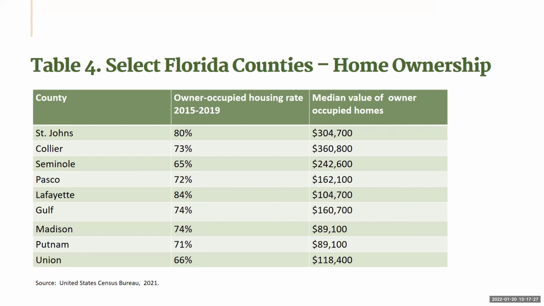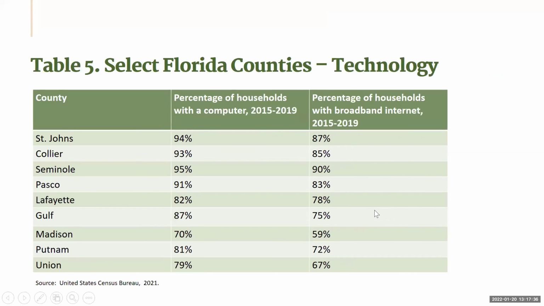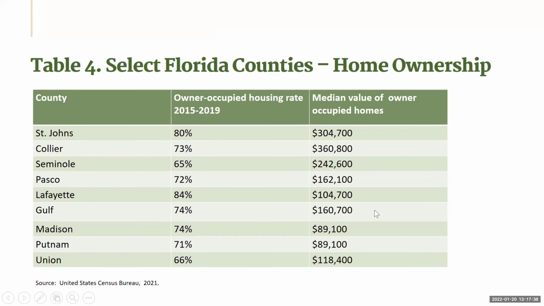In the middle ranking counties, that ranges from $105,000 to $162,000. And for the lowest ranking counties, it ranges from $89,000 to $118,000.